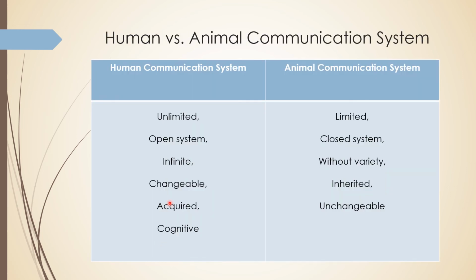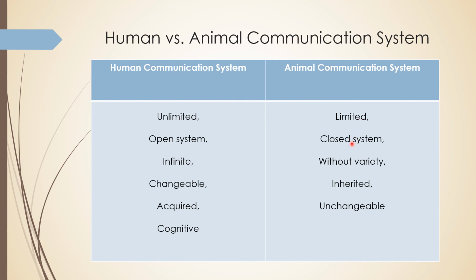Okay, so here are the differences between human communication system and animal communication system. I would like you to look closely at this one, human versus animal communication system. We are not referring to that as a language, because we cannot refer to the animal communication system as language, because it is limited.